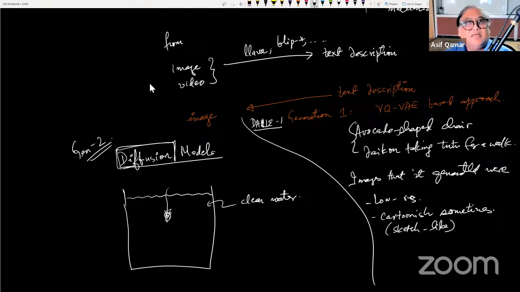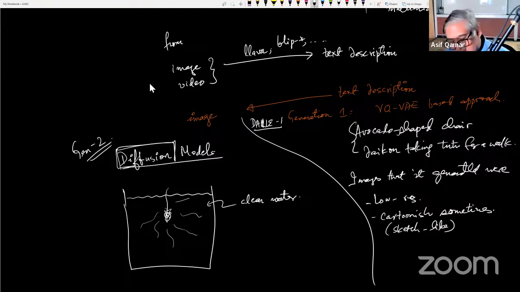Or one easy thing that you probably do is take coffee decoction, the coffee, and then pour concentrated milk or cream into it. And when you do pour that, you can see the diffusion process.